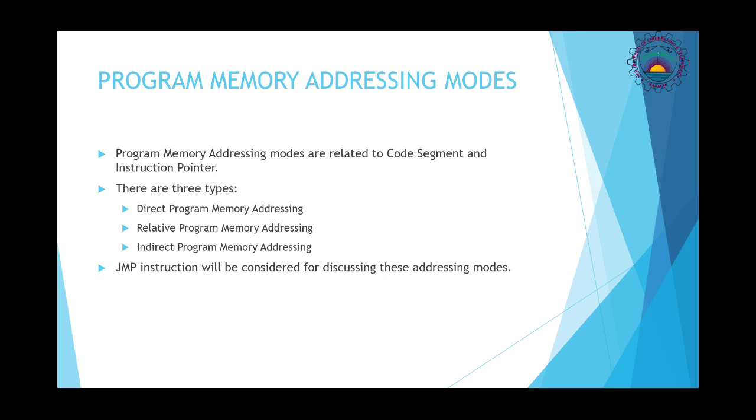As we have discussed earlier, there are three types of program memory addressing modes: direct, relative, and indirect program memory addressing. For studying these three addressing modes, we have to consider the jump instruction. So now we are going to discuss these three modes.